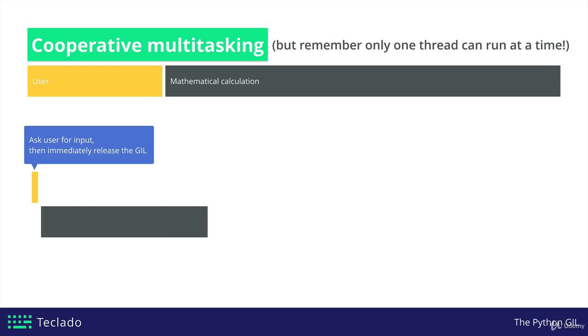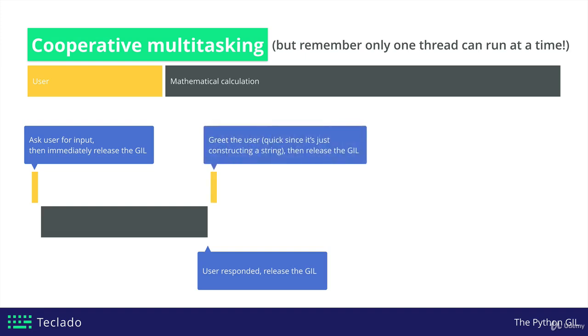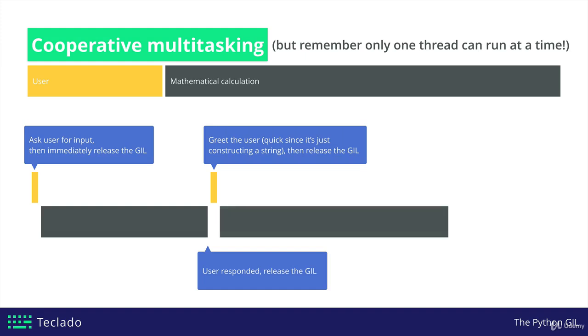Remember, when the user thread releases the GIL, another thread that is waiting can then acquire it and use it. And that thread is going to continue running until they release the GIL. So when the user responds, this code is going to have something in it to say, hey, if the user responds, release the GIL. So we release the GIL and we go back to the user. And here we can greet the user, which is really quick because we're just constructing a string and printing it out. And then we can release the GIL immediately and go back to running our mathematical calculation.